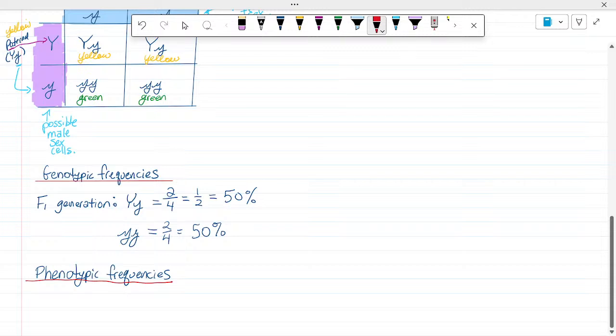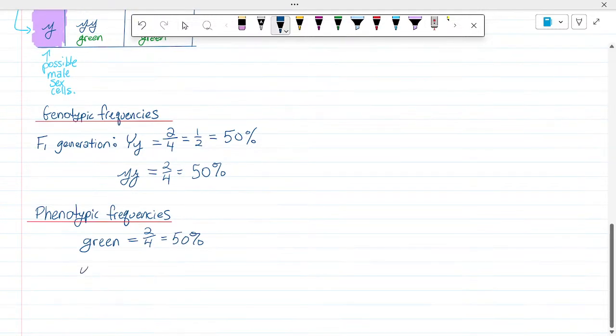Very good. What are the 2 colors we have here? Yeah, green. And how many of them were green? 2 out of every 4, which is 50%. Very good. And the other color was yellow. And how many were yellow? Oh, sorry, I did cursive.